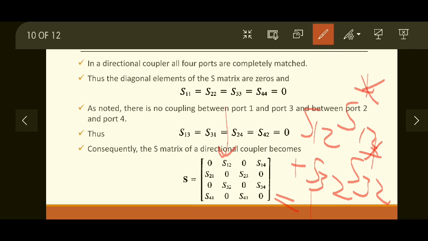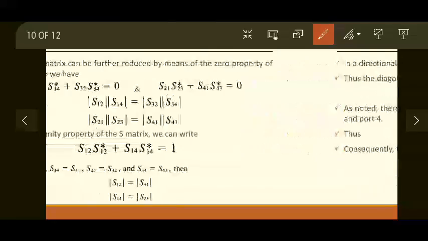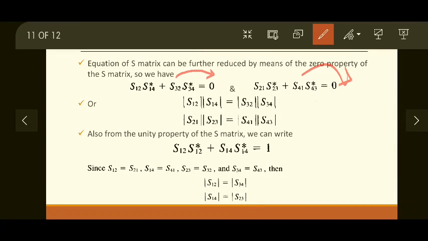When we are dealing with the same column, it will be 1. When we are dealing with two different columns, it will be 0. So let's see whether it is the same or not. S12 into S12 conjugate plus S32 into S32 conjugate is equal to 1.